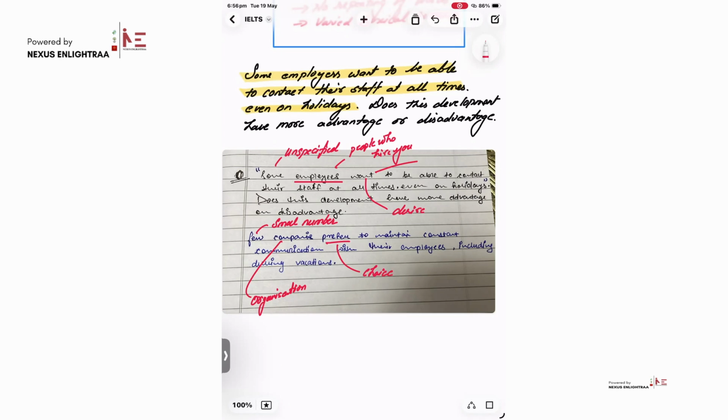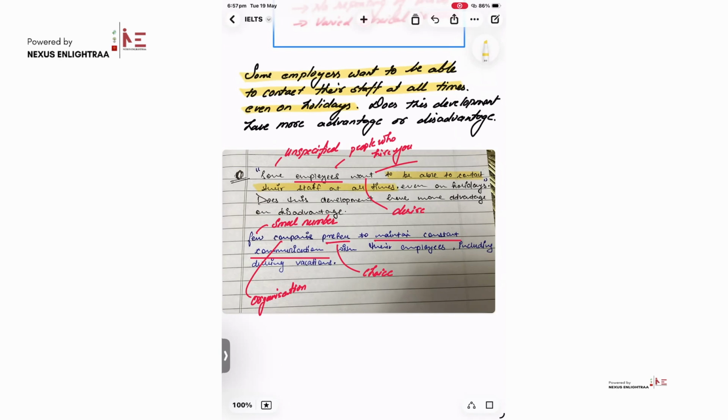To be able to contact. So, are they talking about maintaining constant communication? In the stem statement, they're saying to be able to contact their staff at all times?